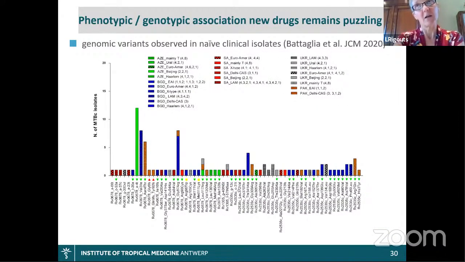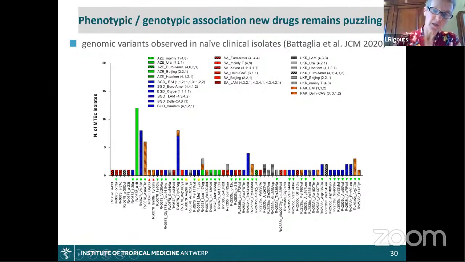And what I'm showing here is already something from the genomics, which Stefan Niemann will talk about. But for the new drugs especially, the association between phenotypic and genotypic testing remains puzzling. And this is a recent publication that has been accepted last week from Battaglia and colleagues.